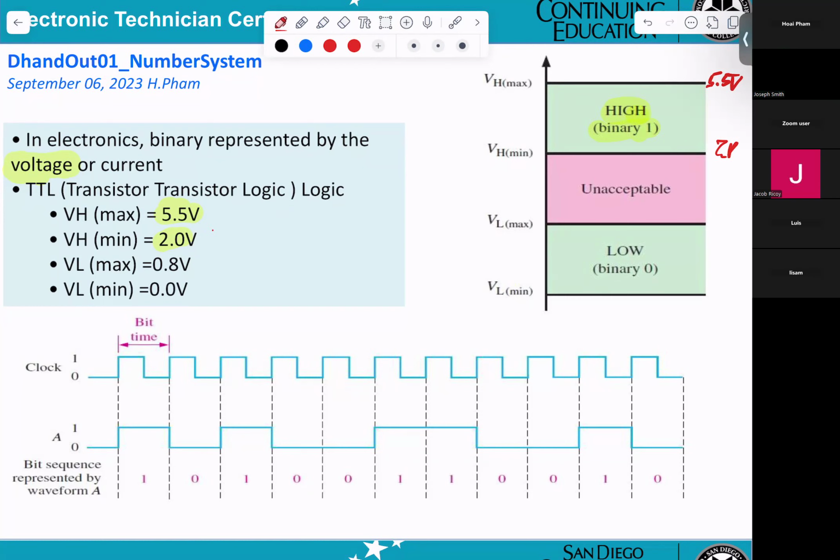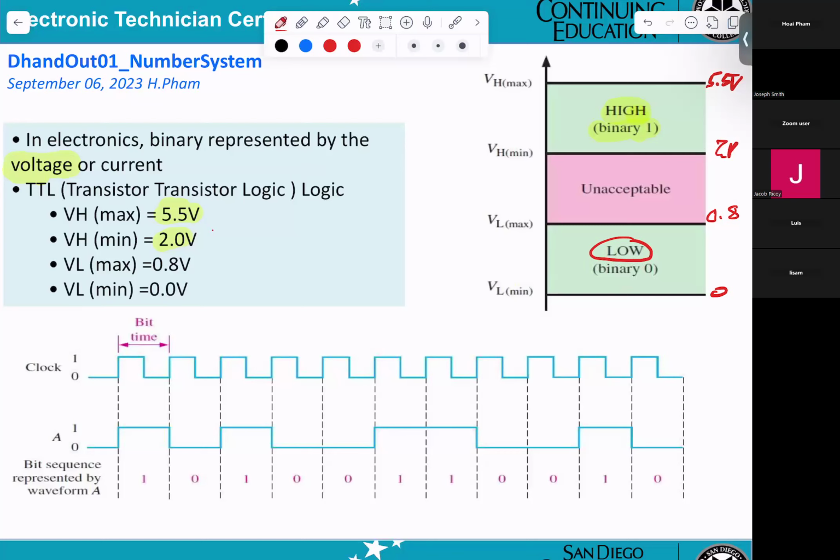Okay, and for low, 0.8 and 0. Okay, from 0 volt up to 0.8, they will be low.